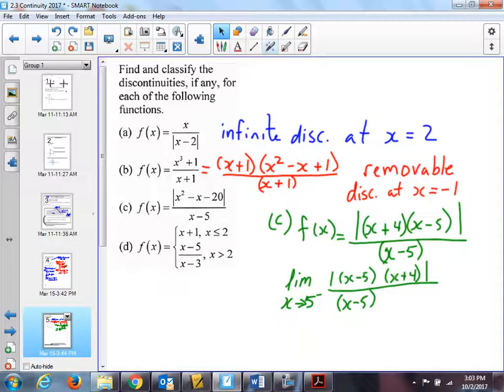If I only focus on this part, because I know it'll cancel, and you put 4.9 in there, let's think the easy part. 4.9 minus 5 is negative, right? Let's say this is negative as well, but because it's in absolute value, it'll be positive.